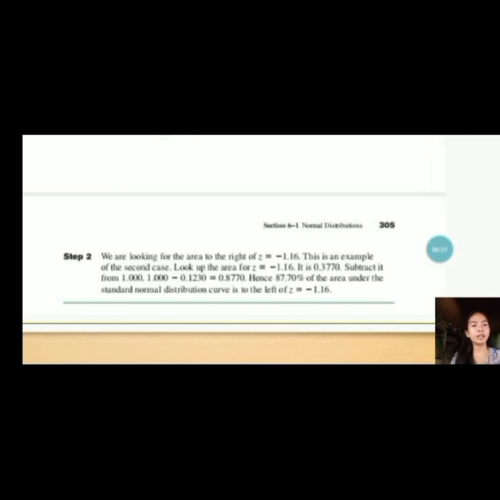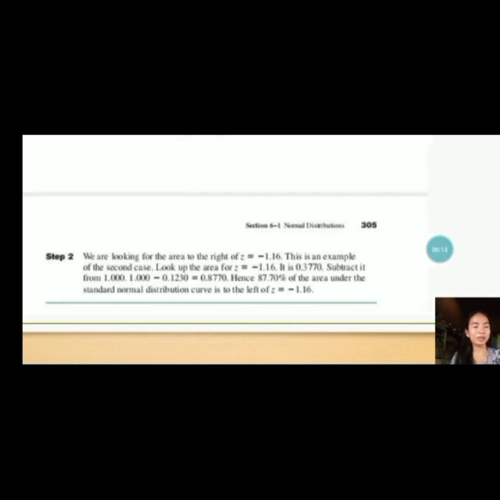We're looking for the area to the right of z is equal to negative 1.16. Negative 1.16 is equal siya og 0.3770.